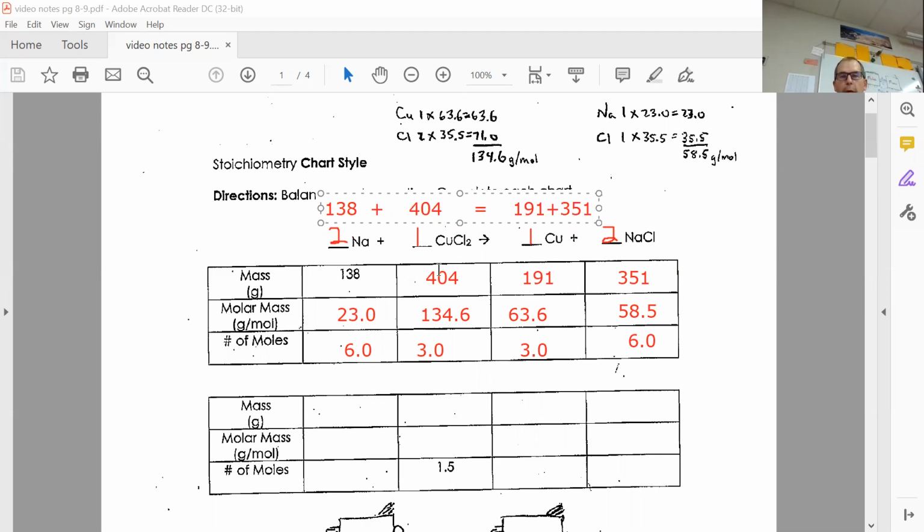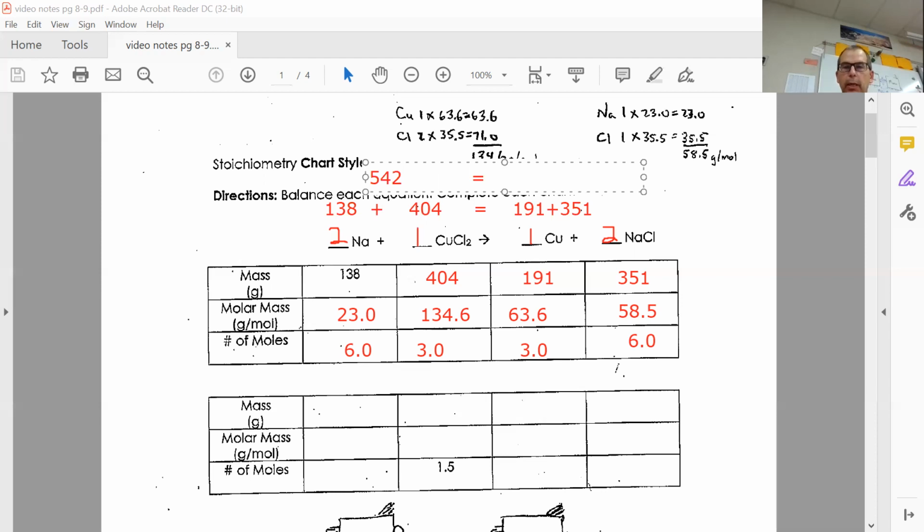So I'm saying the masses of the two reactants should equal the masses of the products, not the molar masses, not the moles, but the actual masses. And if I do a little bit further calculation, I think 138 plus 404 ends up being 542. And you can double check this.